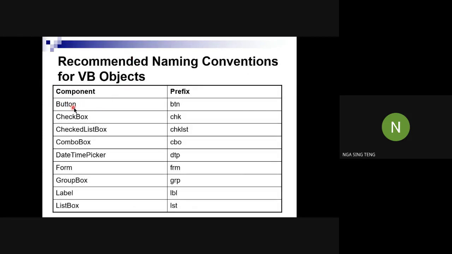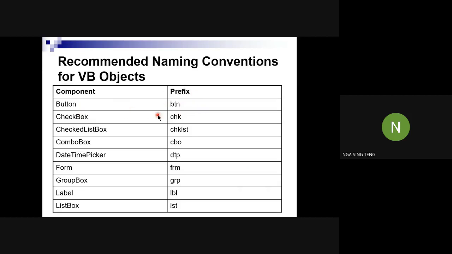When it comes to a button that you need to create, and you need to rename a particular button, always start with the proper prefix. If this is a button, you will put BTN first, followed by D in uppercase, DISPLAY. Button display.